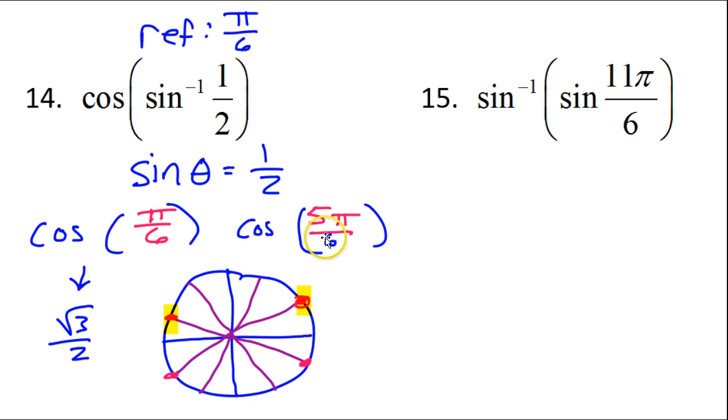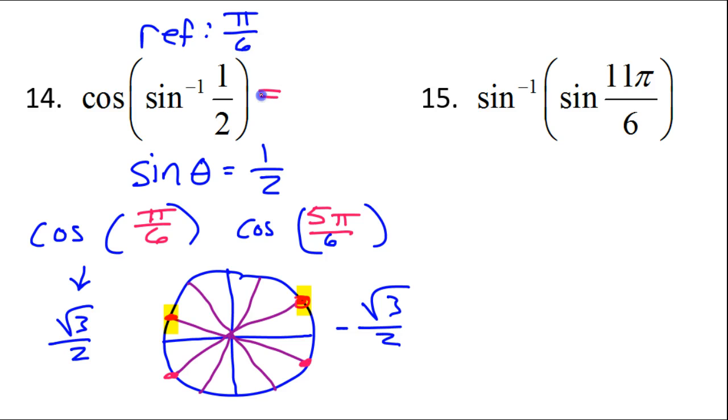Now, the cosine of 5 pi over 6, based on the reference angle, is also going to be radical 3 over 2. However, 5 pi over 6 is in the second quadrant where cosine is negative. So we're actually going to get a positive radical 3 over 2 and a negative radical 3 over 2. So I guess if we wanted, we could have written the answer this way.